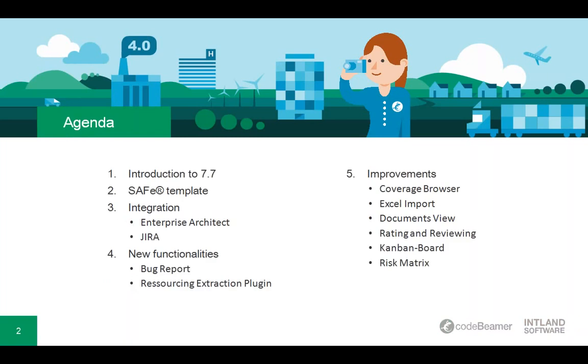So let's see what we are going to have today. In this webinar, you will get a chance to learn about the latest updates to codeBeamer in the new release 7.7. We will show the brand new SAFe template that helps you implement and manage the processes of the Scaled Agile Framework in your organization.